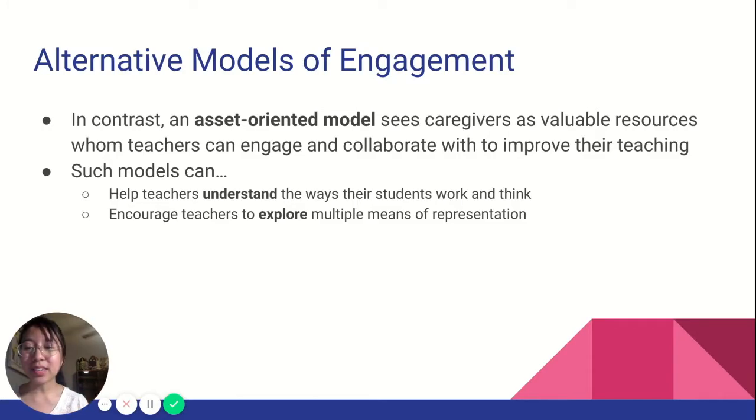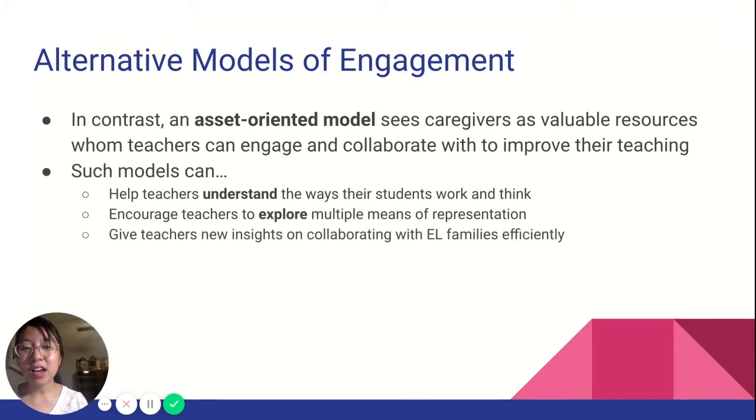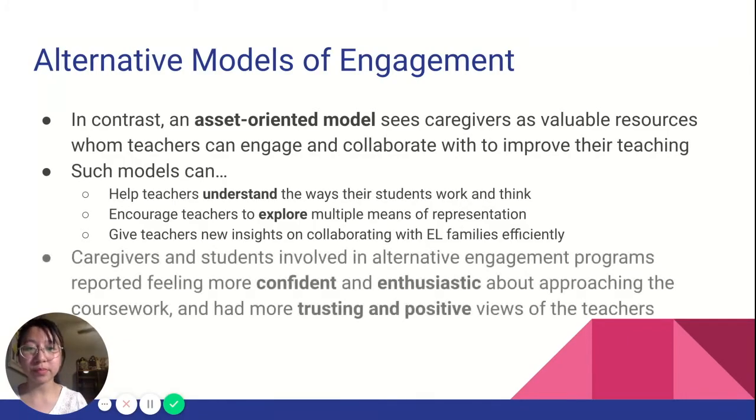Diversity of families and EL assets can bring different ways of teaching we might have never thought about. And finally, this enables better collaboration and communication with EL families when they feel that their opinion is being valued and appreciated and is actually being taken into account. This encourages families to communicate with their teacher.